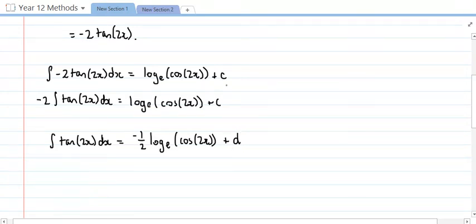I'm writing plus d because this value of c has been divided by negative 2, so it's just some constant divided by negative 2, it's going to be a different constant. I don't need to change the sign because it could be plus a negative number, which would then make it negative, and it's all good from there.